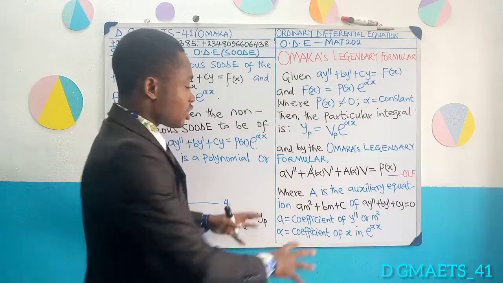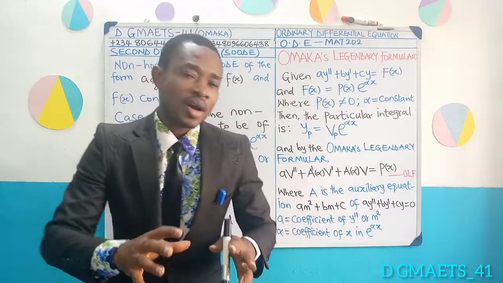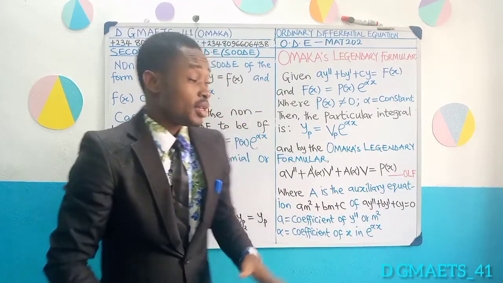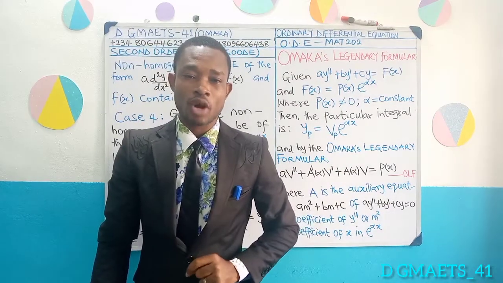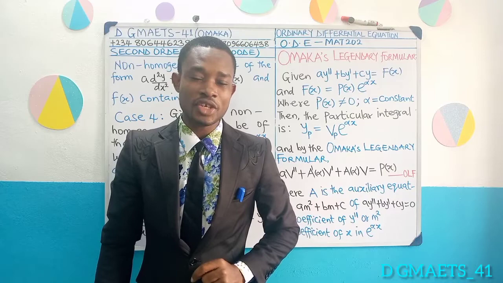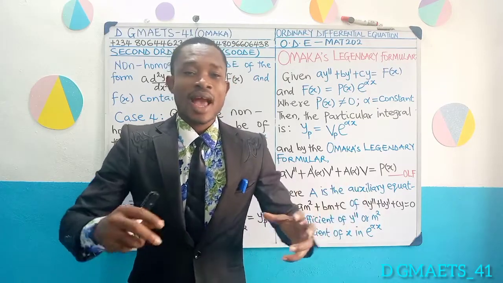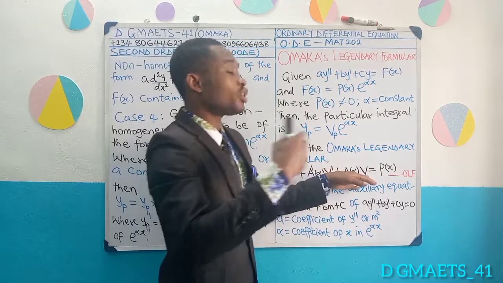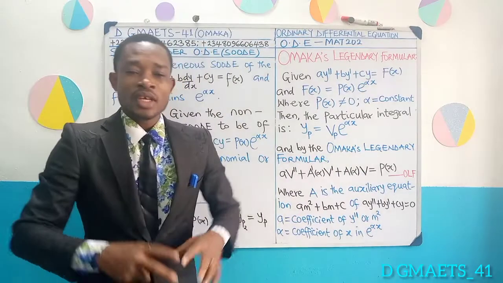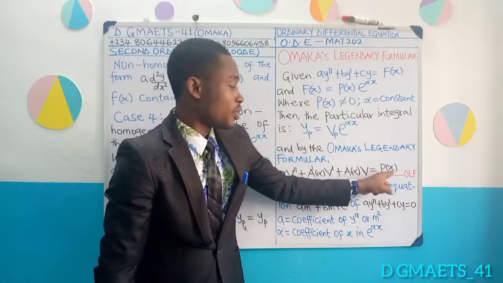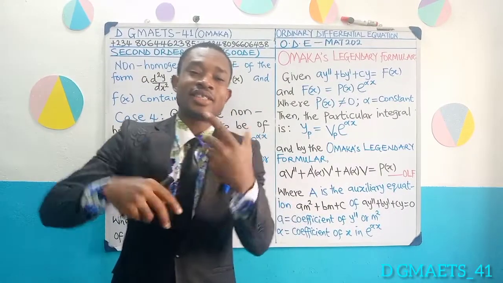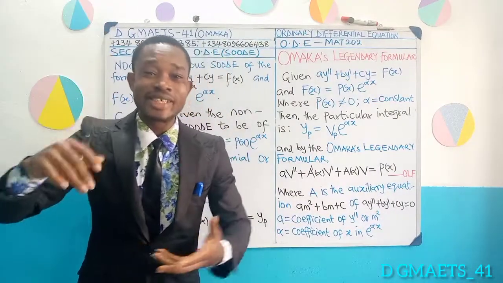Now, having explained this term, it's absolutely necessary that you memorize this Omaka's legendary formula. In the next video, we are going to see the form this Omaka's legendary formula can take if this P of x is taken into consideration in terms of the degree.